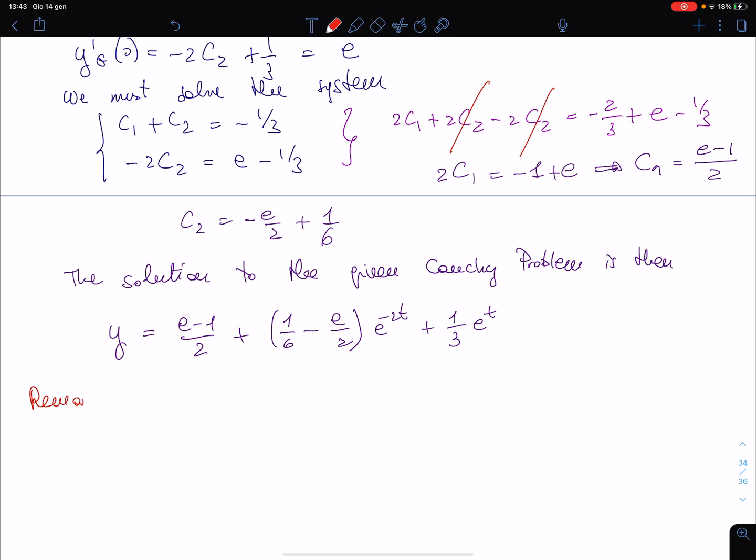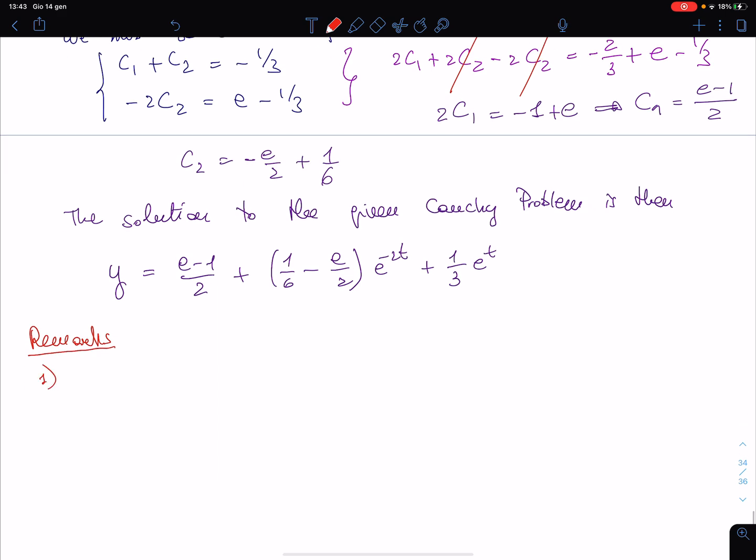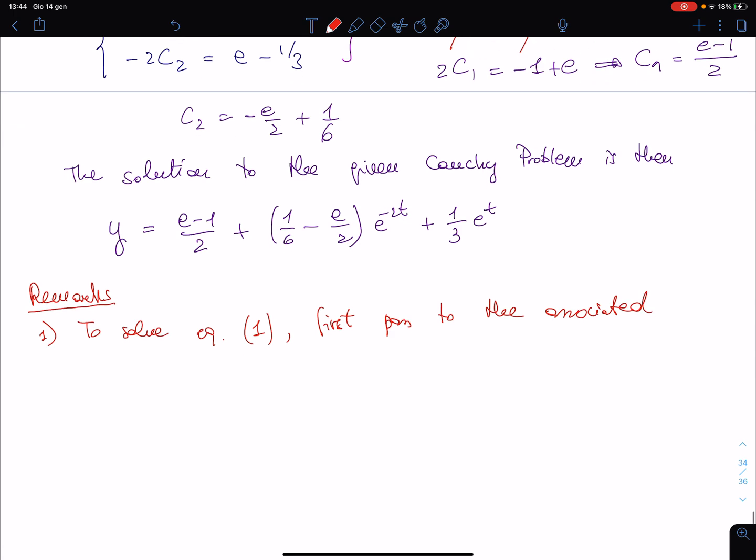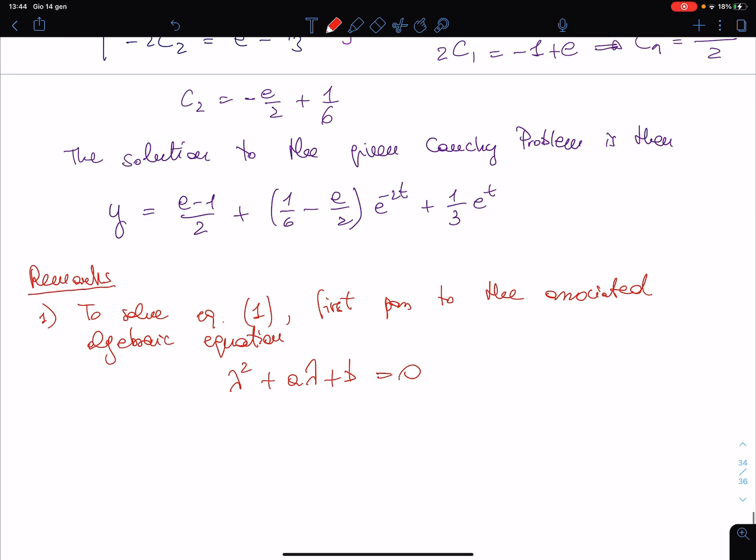First, to solve a second order linear equation with constant coefficients, first pass to the associated algebraic equation, that is lambda squared plus a lambda plus b equal to 0.